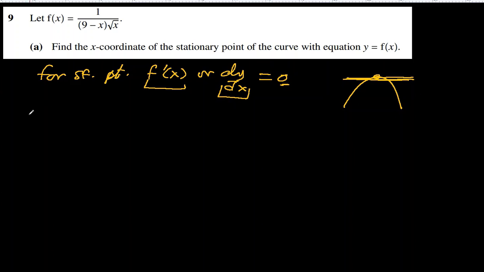So let's find dy over dx for the given function. Before I differentiate this, let me change it to 9 minus x to the power minus 1 and x to the power minus half, so that I can use product rule and carry out this differentiation easily. I could have used quotient rule also. That will be a little complicated, so let's do this one.